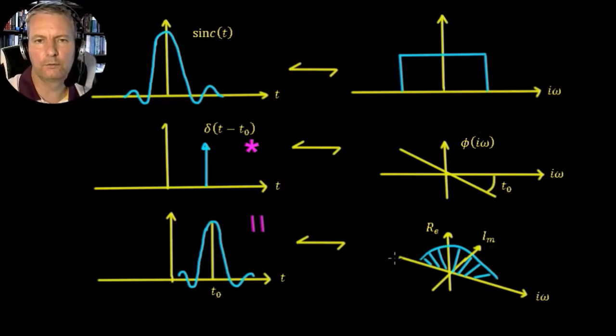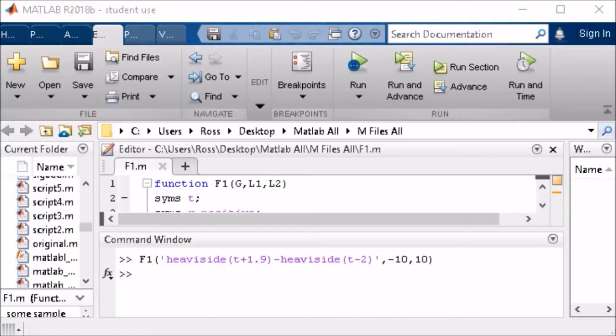So let's have another look at this, with another example live in MATLAB. We're going to use this function again, f1, to look at the Fourier transform of a little square function which has been delayed slightly, so it's no longer sitting at its original position.